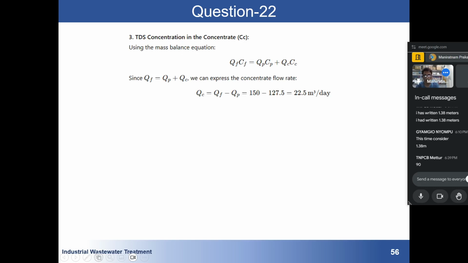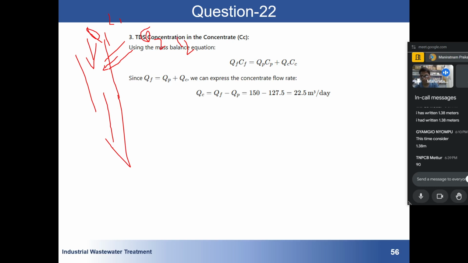If you recall our previous lecture, we solved one question where a river is flowing with C1 concentration and Q1 flow, and from one industry something is coming with Q2 flow and C2 concentration. Finally it will be Q into the final concentration C. As nothing is going anywhere else, Q will be Q1 plus Q2.